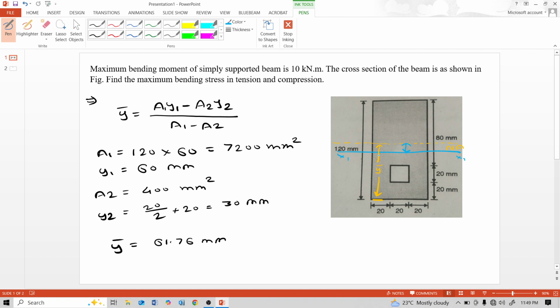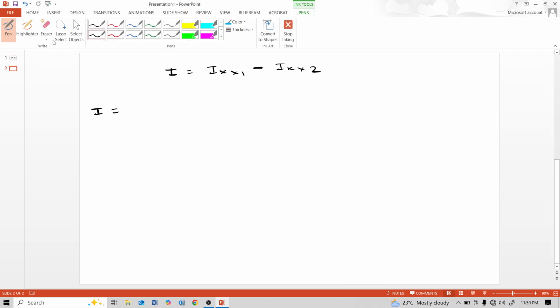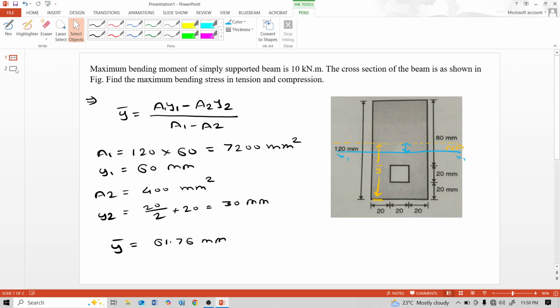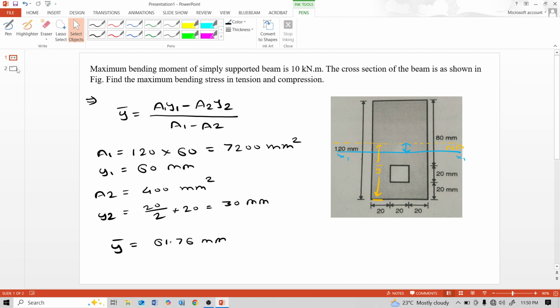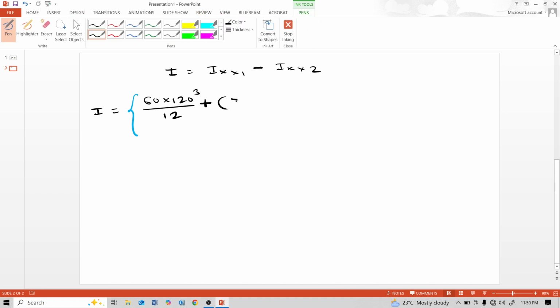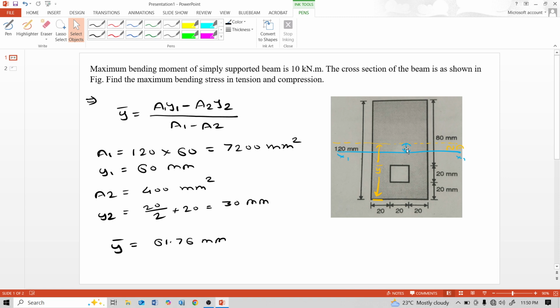That distance is y bar minus 60, that means 61.76 minus 60 mm.